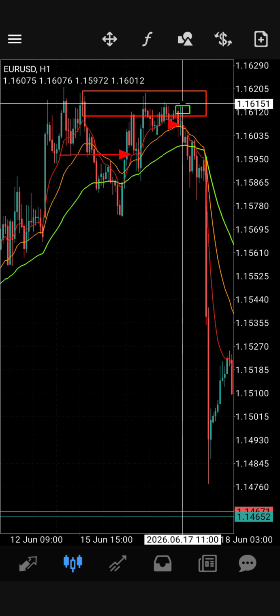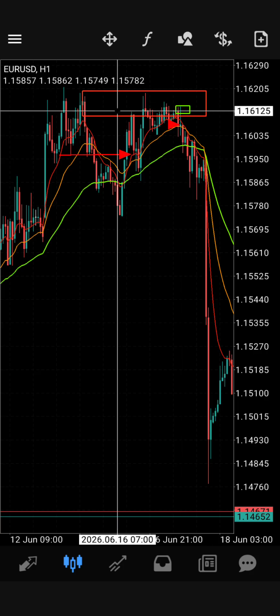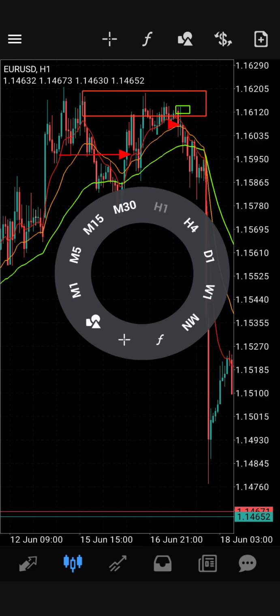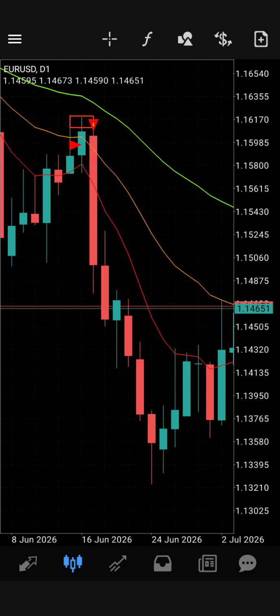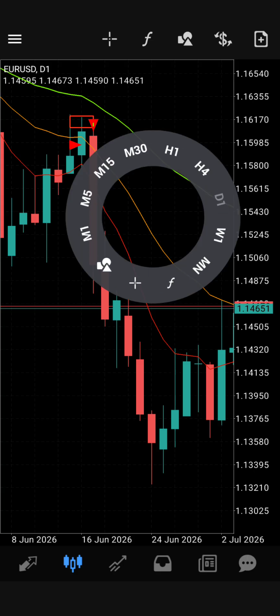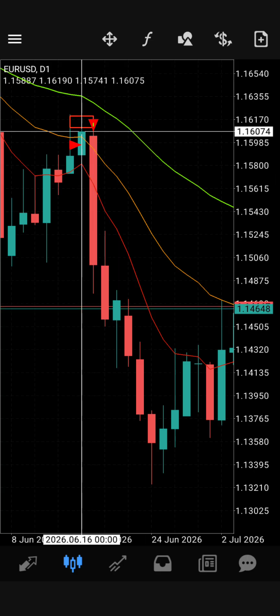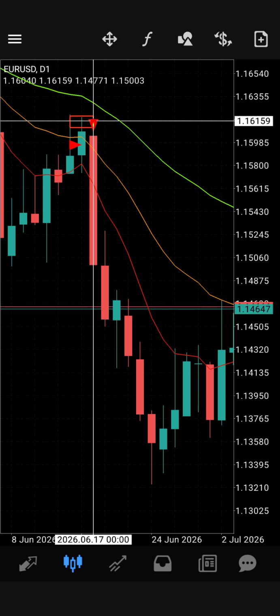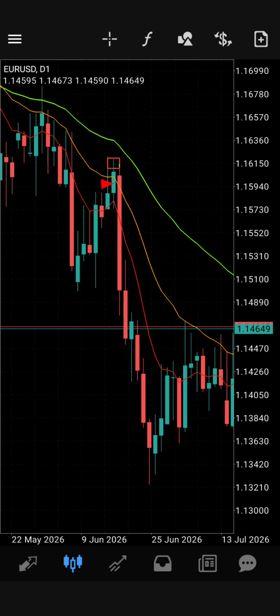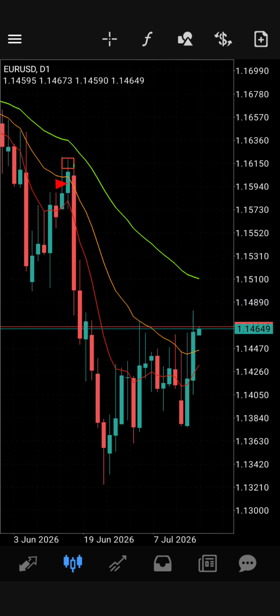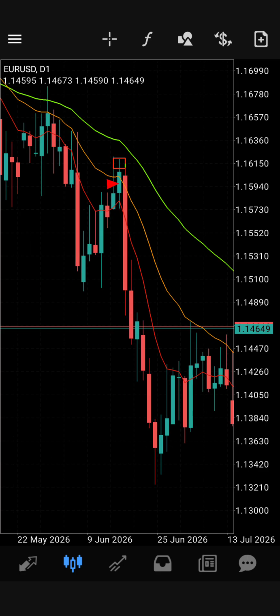But now the advantage is we are selling in the direction of the daily, as you can see. So what we're trying to do is get a tight stop and minimize our risk but maximize our reward, right?